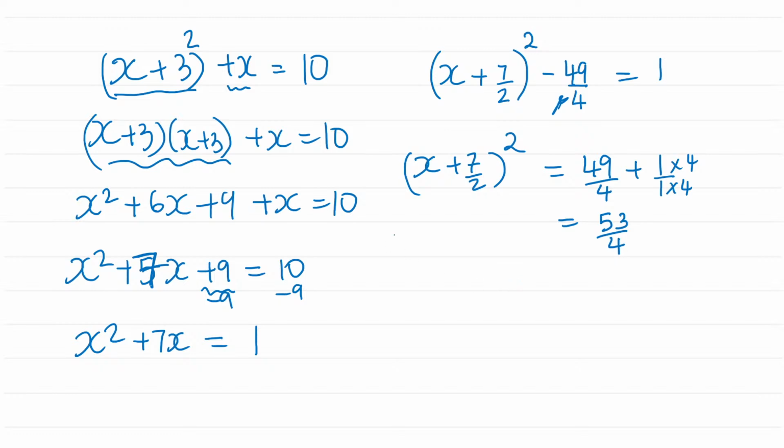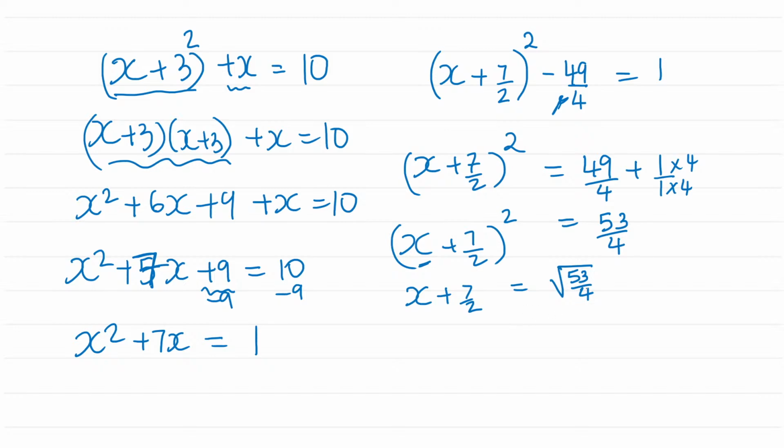Okay, guys? On this side, you have (x + 7/2)². Now we're going to square root on both sides in order to actually release this x. So that's going to be x plus 7 over 2 equals the square root of 53 over 4.